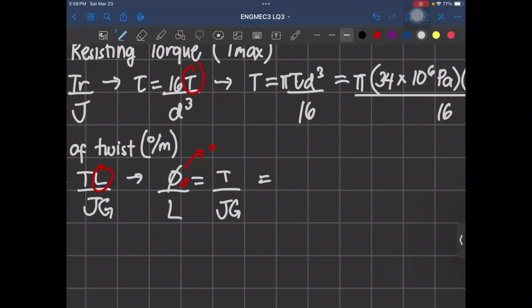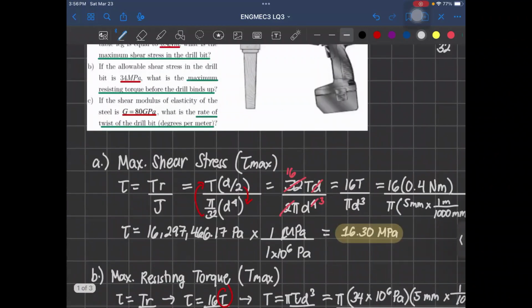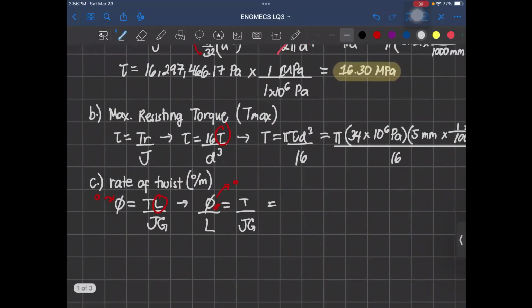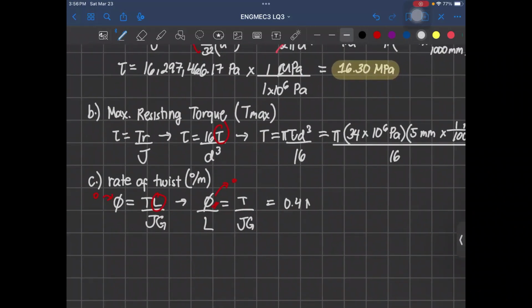Our torque, we'll use the one that is given in the first problem. So it's 0.4 Newton meter divided by the polar moment of inertia, which is pi over 32 times d to the fourth, which is 0.005 meters to the fourth.